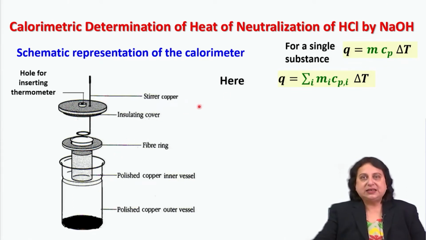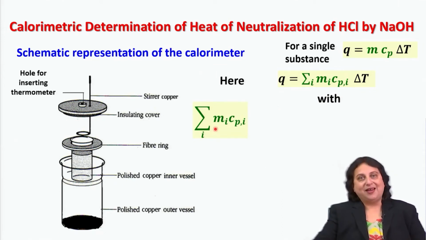Therefore, how do I estimate this summation highlighted over here in green? I must be having summation over i of M_i C_p,i running over all the necessary components which can get heated up by the released heat as a result of the chemical reaction.